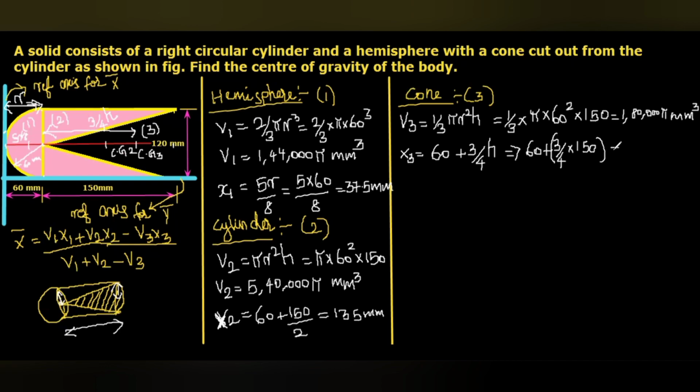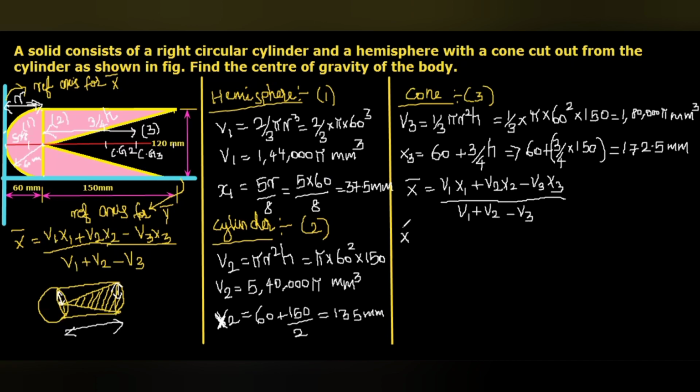So by simplifying, we will get the value of x3, 172.5 mm. So now all the values we have, substitute in the formula x bar, that is V1x1 plus V2x2 minus V3x3 divided by V1 plus V2 minus V3.